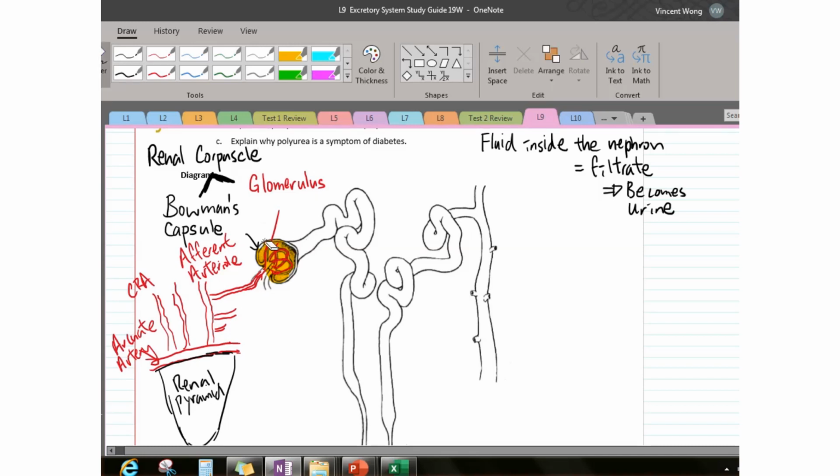The Bowman's capsule is part of the nephron. The glomerulus is part of the blood vessels, but they happen to be together at this point, and when they're together, we call them the renal corpuscle. Think of a sausage inside a bun. We call that a hot dog. Sausage, bun, hot dog.